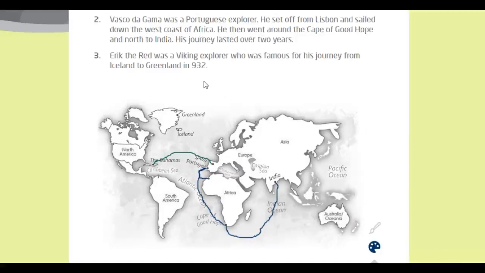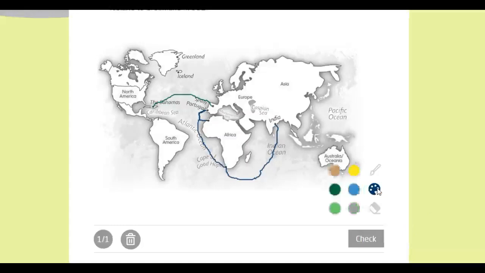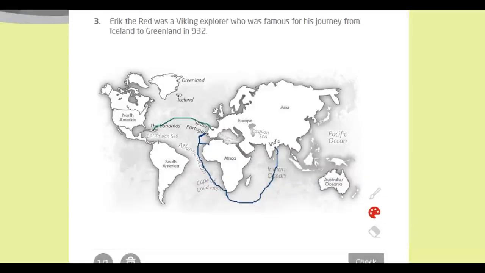Next one, Eric the Red. Probably a red color. Yes, red. Let's get the red. Eric the Red was a Viking explorer who was famous for his journey from Iceland to Greenland in 932.